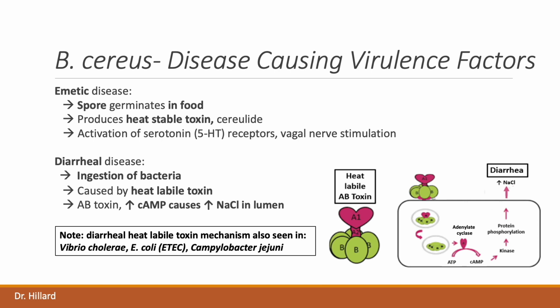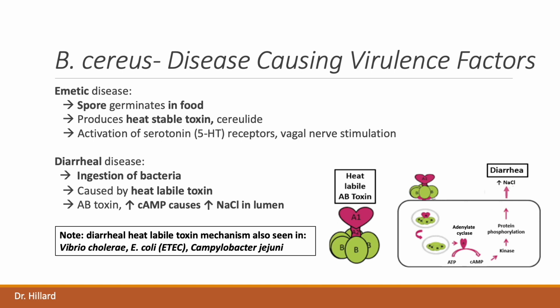The cereulide toxin has a similar mechanism of action to the heat-stable enterotoxin produced by Staphylococcus aureus, in that it acts through serotonin receptors within the gastrointestinal tract, especially in the stomach.